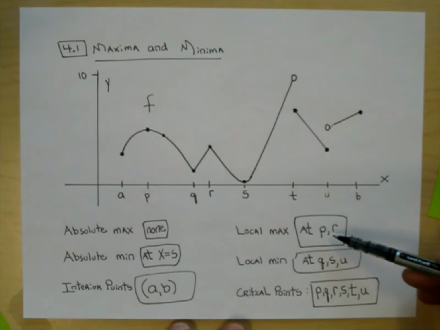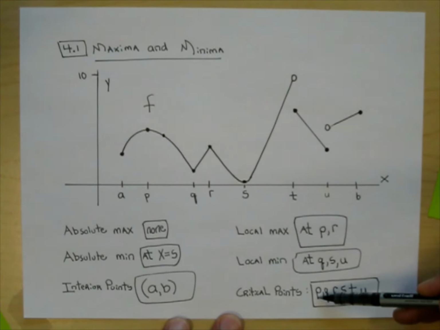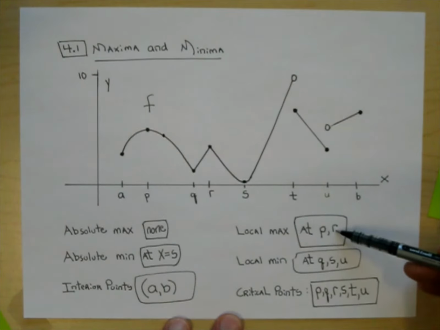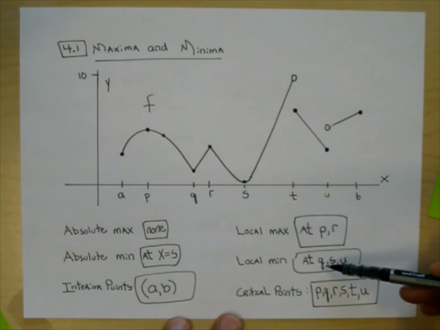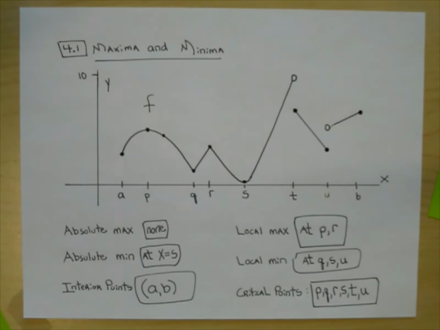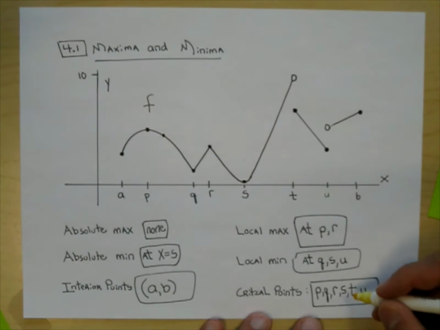Your local max is a critical point. Here's another local max at R. It's a critical point. And your local mins, Q, S, and U, those are critical points as well. So local mins and maxes are critical points, but not all critical points are local mins and maxes.